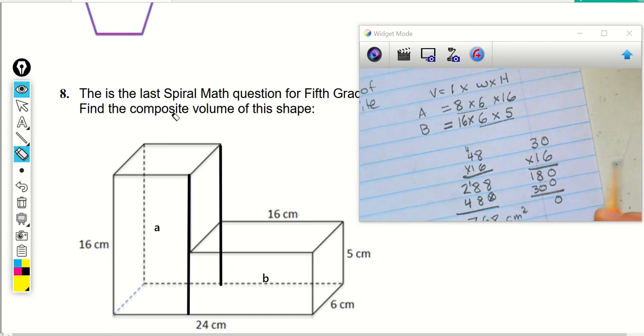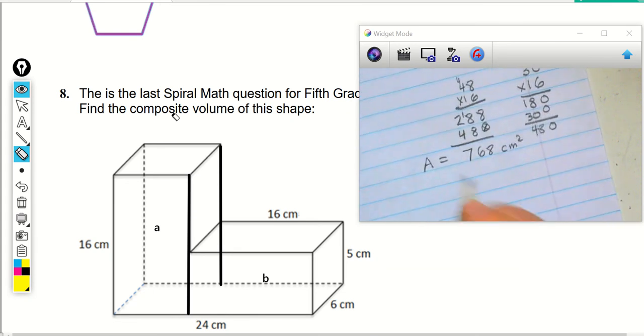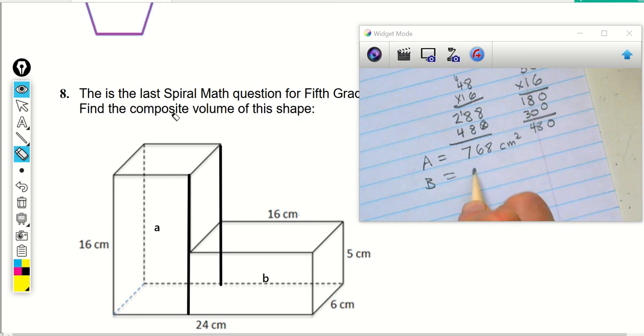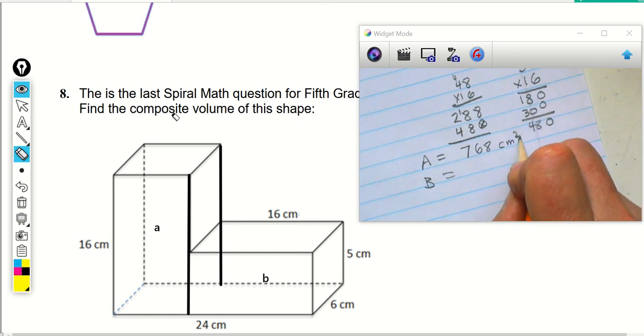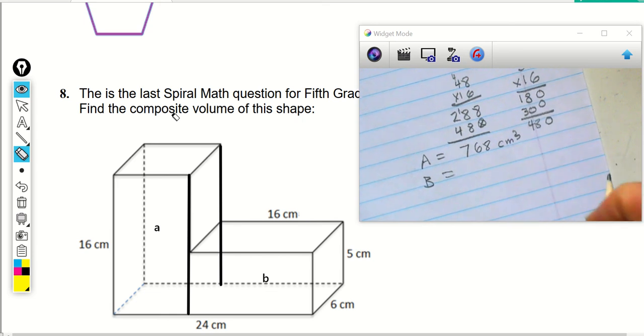Add it up. The volume of shape B is 480 cubic centimeters. And I'm sure you probably noticed I made a copy error. I should have put a 3 as my exponent for cubic centimeters. So over here, 480 cubic centimeters is the volume for shape B.